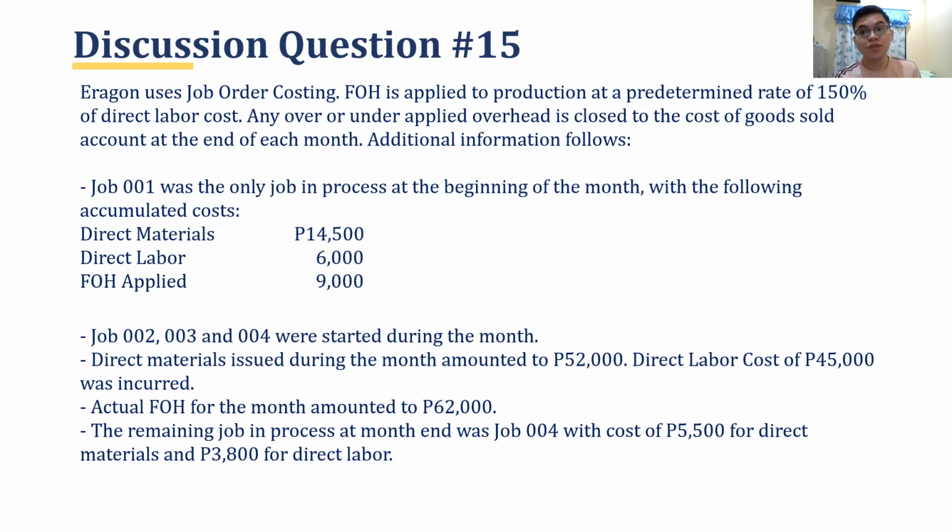And the following costs were added. Una is direct materials, 52,000. Then direct labor, 45,000. Yung actual factory overhead for the month amounted to 62,000. And by the end of the month, the remaining job in process was job 004 with cost specific of 5,500 for direct materials and 3,800 for direct labor.